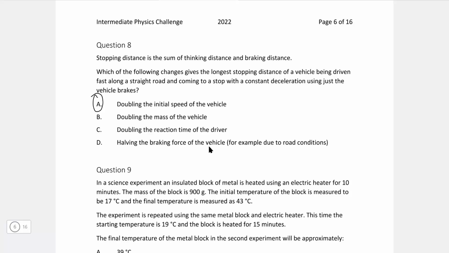Actually, the distance that you travel is proportional to the square of the speed, and if you use the SUVAT equations, you can prove that. So there's an equation in physics which links the final speed to the distance with a constant acceleration. So this here is the final speed and this here is the initial speed.